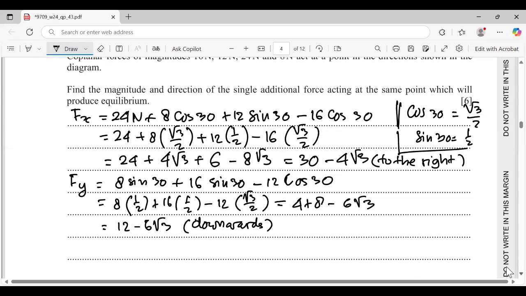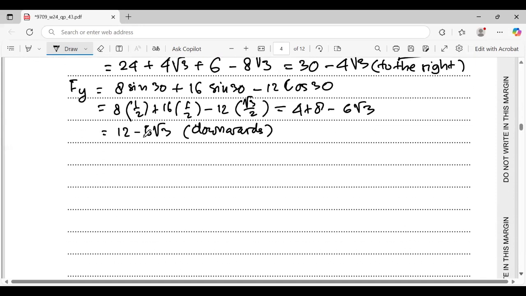After that, we're going to find the total force.